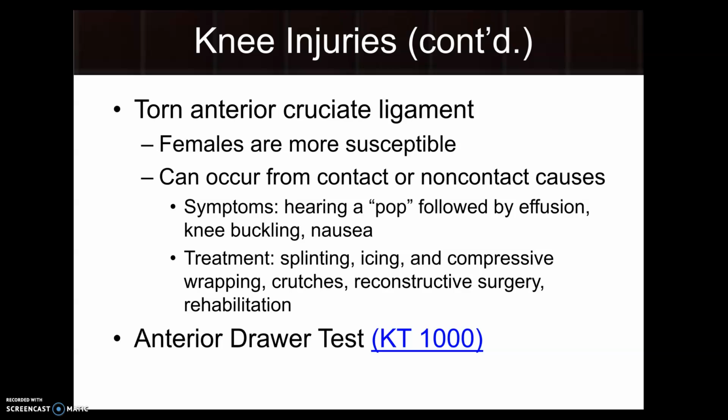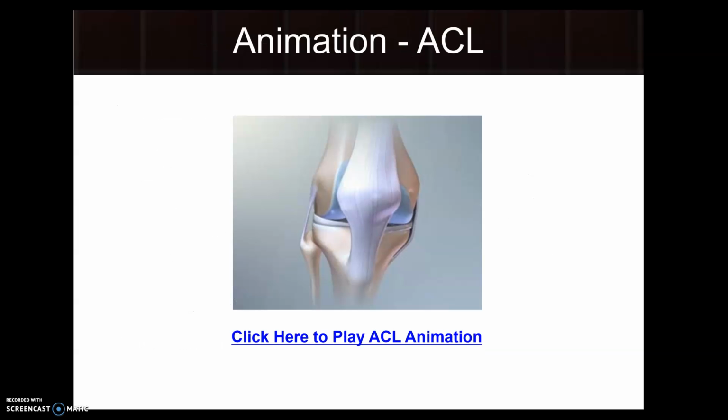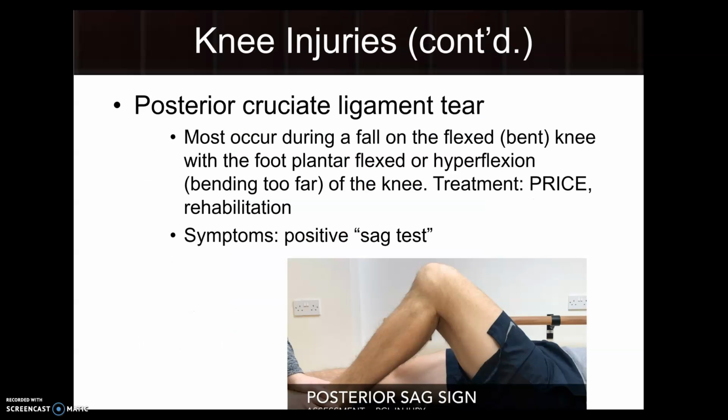There's actually an instrument that can be attached to the knee called the KT1000 that measures the amount of anterior displacement. So you can use the KT1000 on the uninvolved side and compare the involved side to see if there is some laxity present. Please watch the animation of the ACL video.